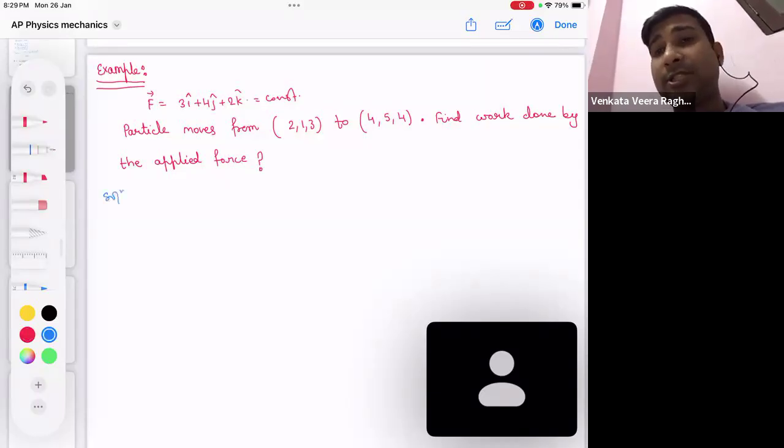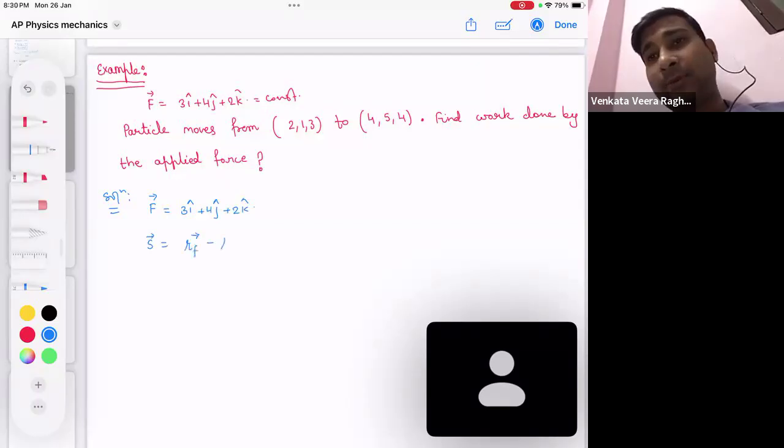So in this question, the force vector is directly given to us: 3 i cap plus 4 j cap plus 2 k cap. And the displacement vector, if I want to write it, displacement vector is what? Final position minus initial position. The question gave that this is my initial point and this is my final point.